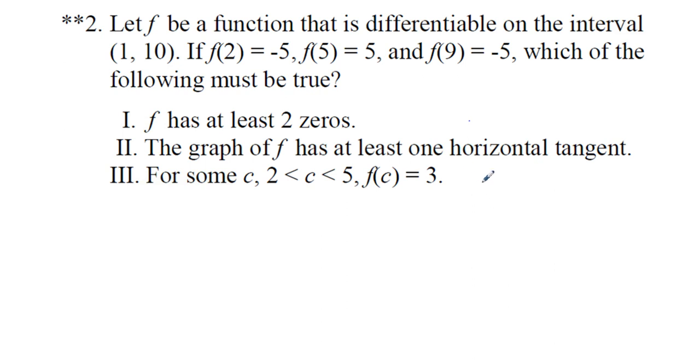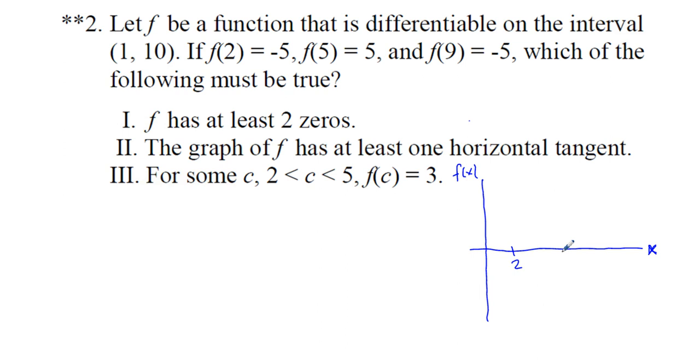Well, for problems like this where I'm given points, I like to conceptualize them by making a little sketch. And so I'm drawing a little xy coordinate plane here to the right. So x, and I'll call this f of x. And so f of 2, so I'll put 2 here.